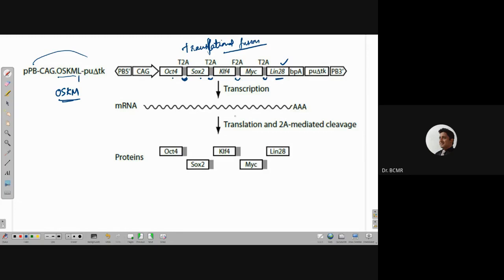So upon translation, the mRNA that is produced is monocistronic. Why is it monocistronic? There is one open reading frame, right? There is no stop codon within this location. There will be only a stop codon somewhere here. So after translation, it would get cleaved, and it will produce OCT4, SOX2, KLF4, CMYC, and Lin28.